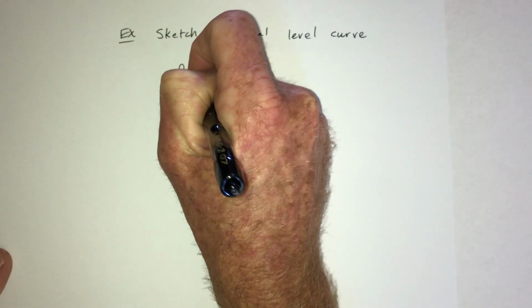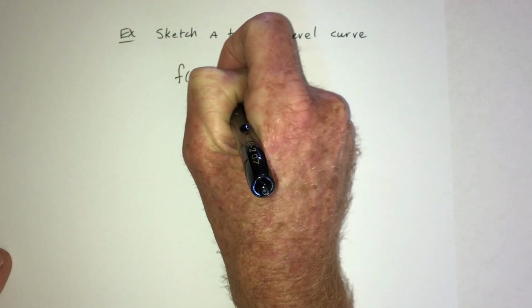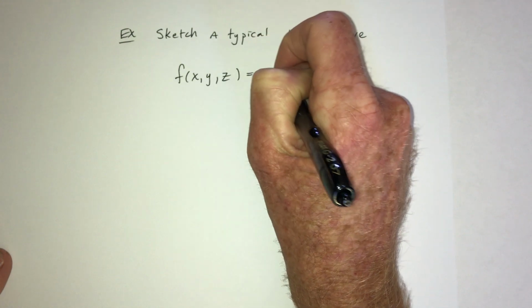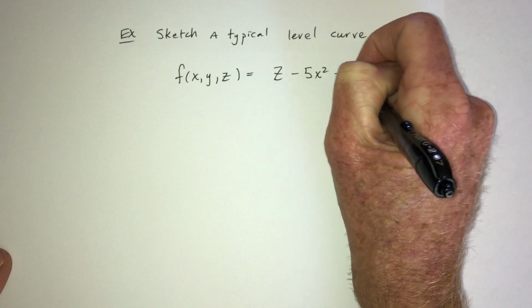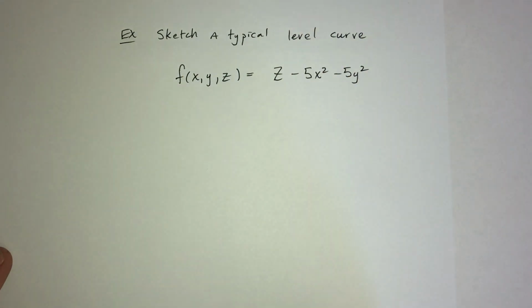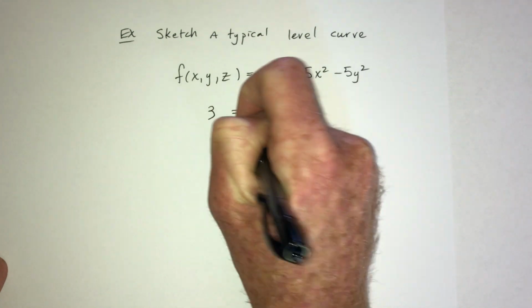For a 4-dimensional function that is z minus 5x squared minus 5y squared. Okay, so a typical one, just pick a number. 3 sounds good. So you plug in a 3 right here.